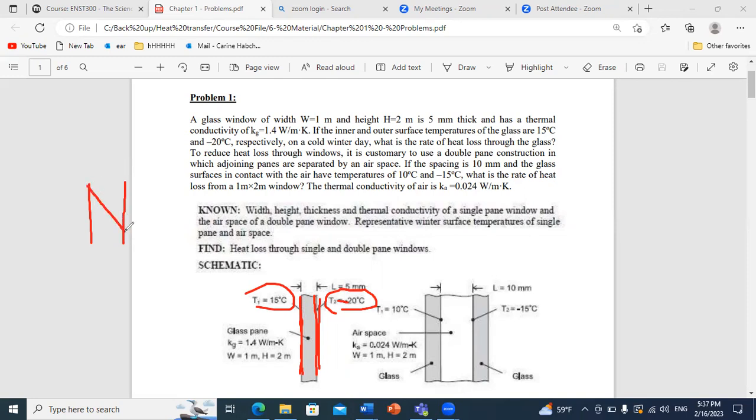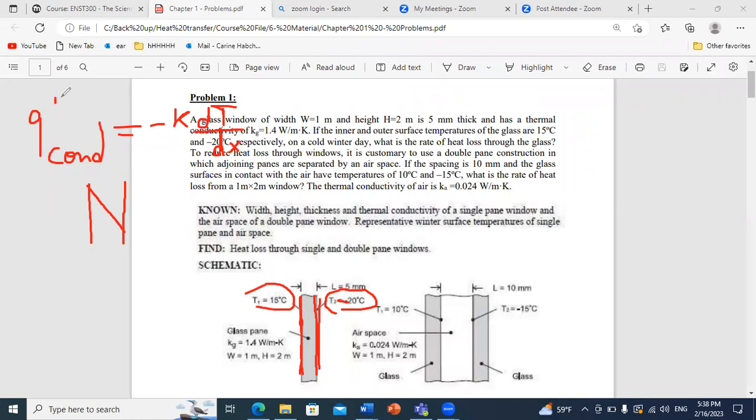So we have linear variation of temperature, and we know that the conduction flux, q conduction, is given by minus K dT by dx. If we do this, this is q double prime if you want, okay?